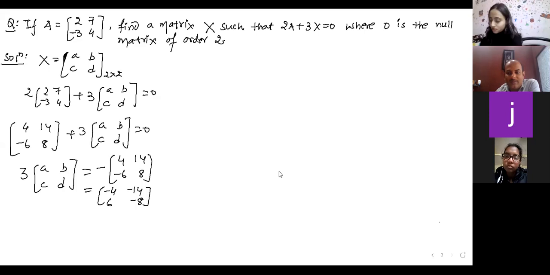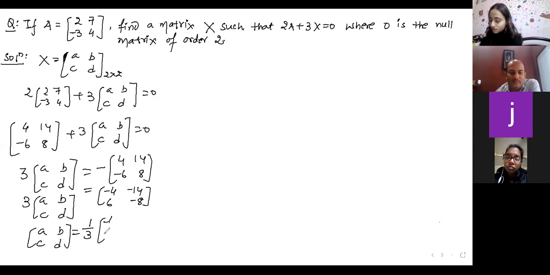I have multiplied the elements of the matrix with a negative sign, whereas on the left hand side I'm still having A, B, C and D. Now I need to find the value of this matrix A, B, C, D, which is in short matrix X. This 3, when it comes on the other side, it becomes 1 by 3. So what do you mean by this 1 by 3?